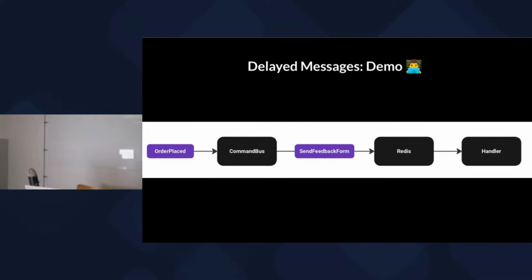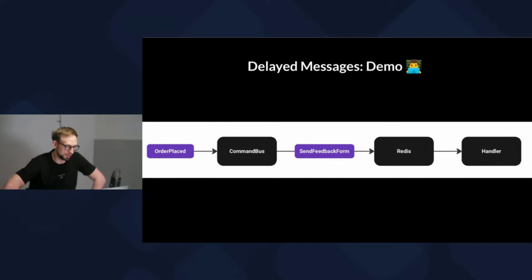So moving on to the demo, we have a similar example right now. We have an order placed event published, and then we use a command bus to publish a send feedback form command. And this goes over Redis as well.